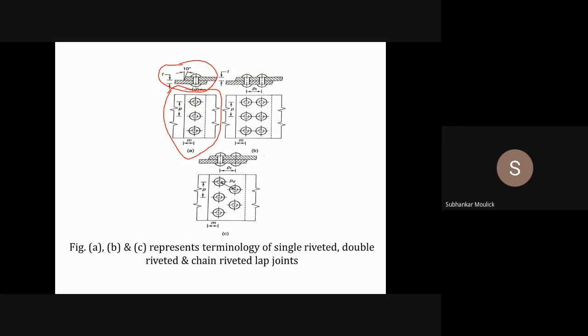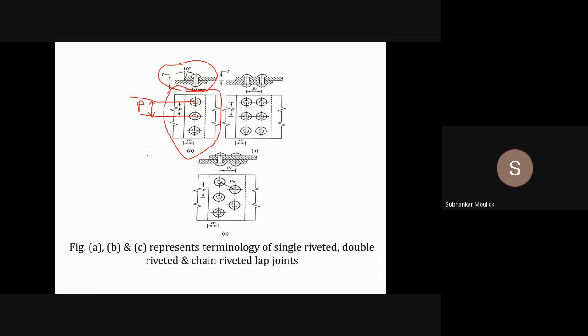These are the holes which you have drilled in the plate so that a rivet passes through the hole. The distance between the center points of two holes is known as pitch P of the rivet.